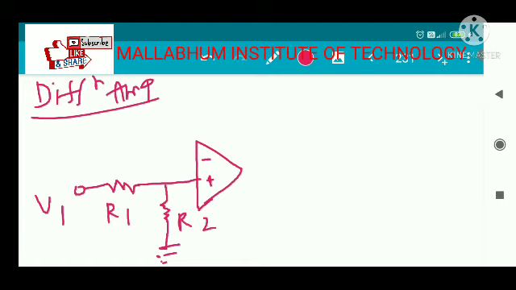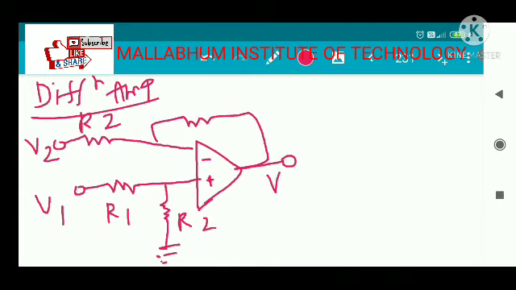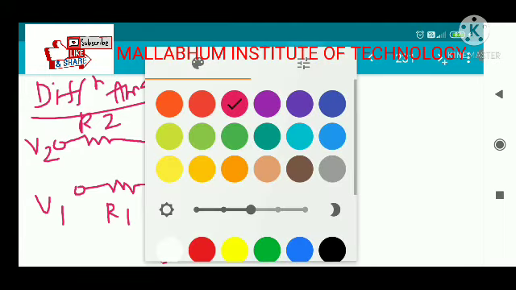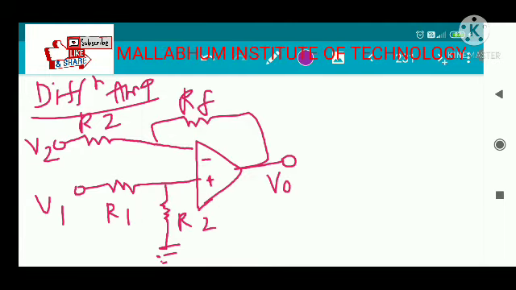This is a voltage V2 with a resistance R2, and this will be your feedback resistance RF.